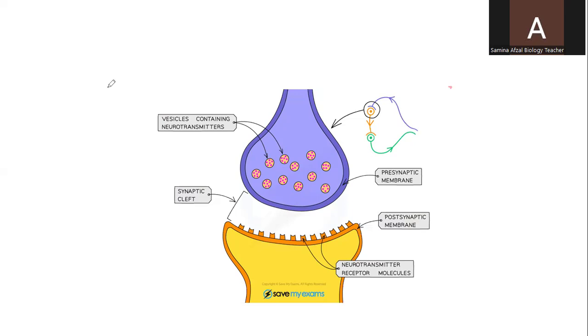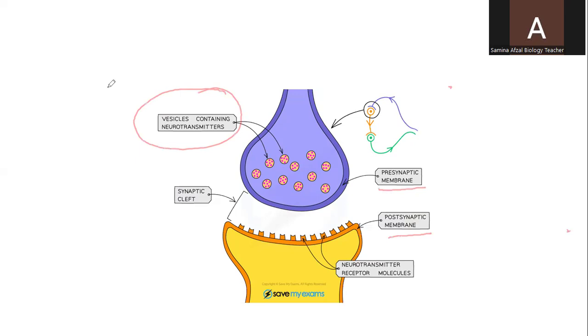This one is vesicles containing neurotransmitter. It means the messages are called neurotransmitters. So presynaptic membrane and then postsynaptic membrane.